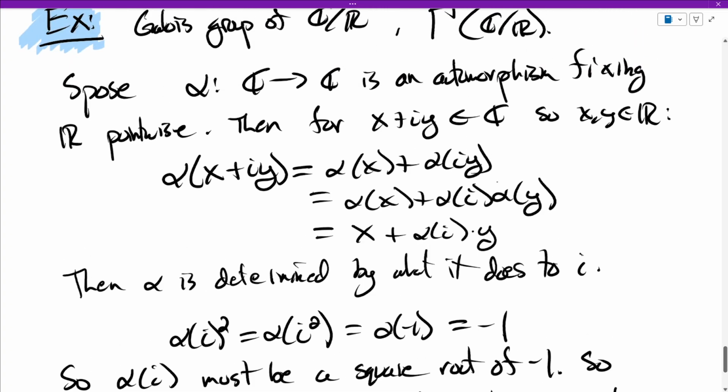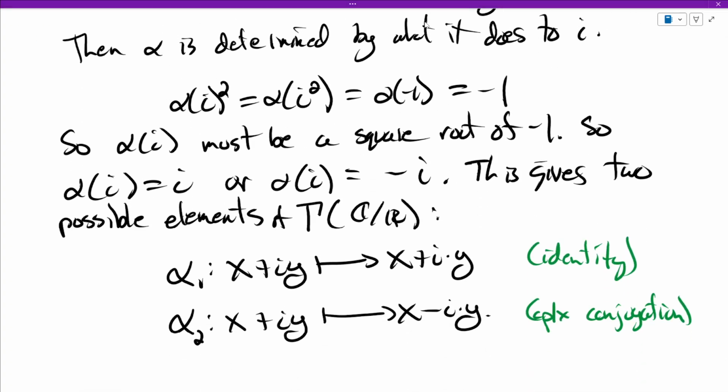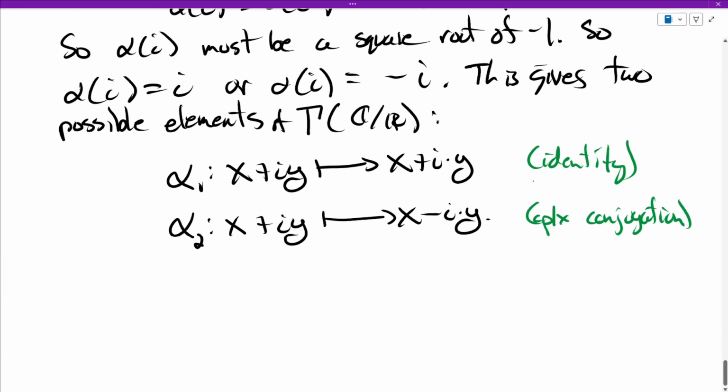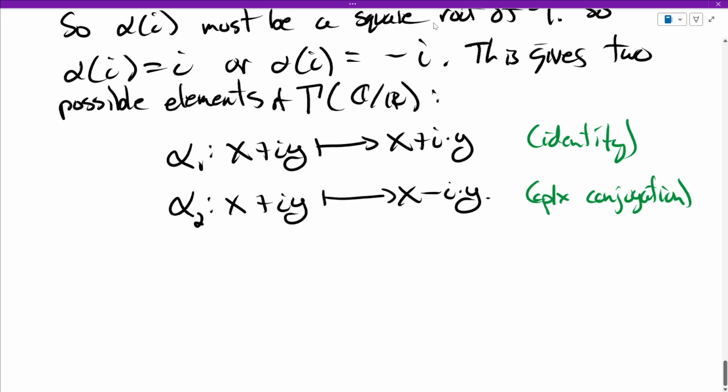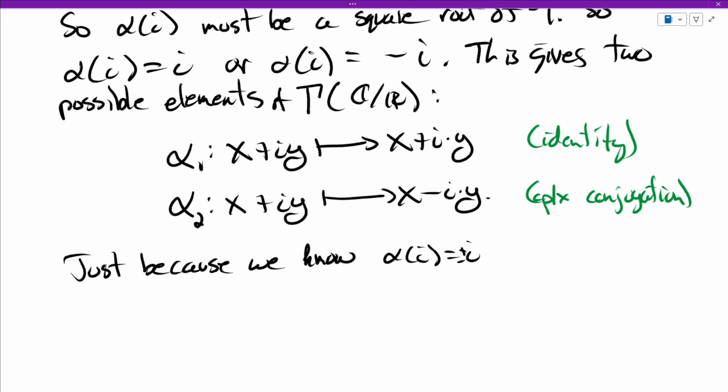Why? Well, we showed that they're determined entirely by what we do to i. Now, I write possible because just because we were able to say alpha has to send i to i or negative i, it doesn't mean that we actually have defined automorphisms.